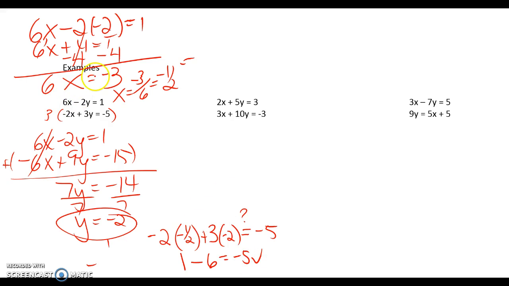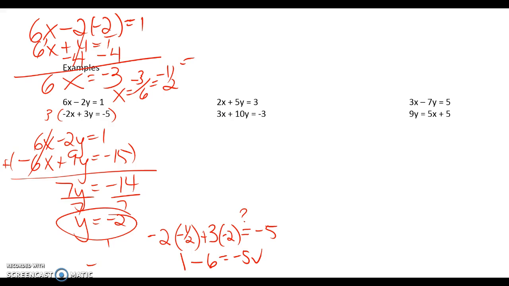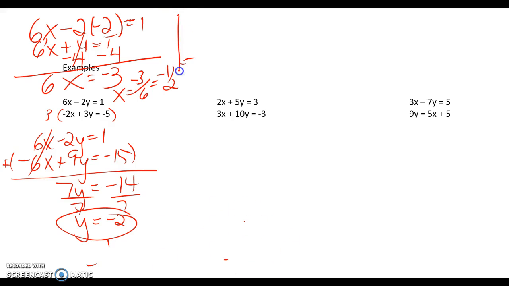The first equation, I'll do in my head. 6 times a negative 1/2 is negative 3, minus 2 times the negative 2. So negative 3 plus 4 is 1. It works. I'm going to get rid of some of this so this one actually is done.